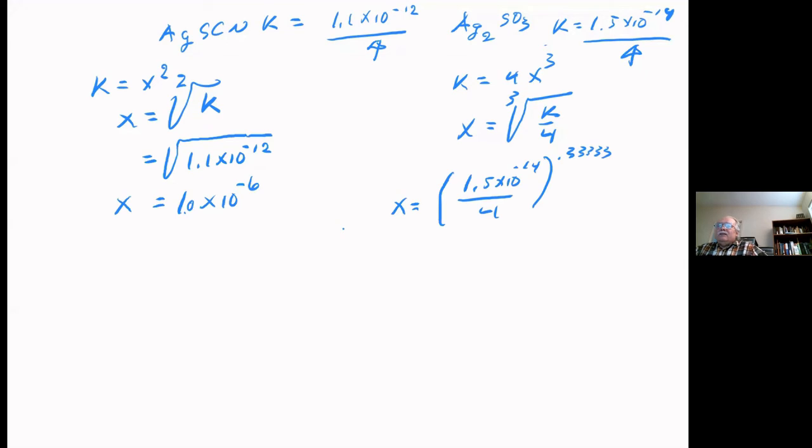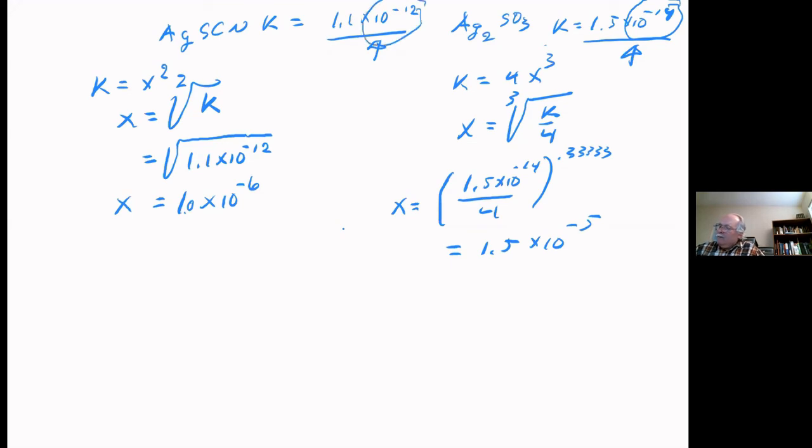So on my calculator, I'll go 1.5 E to the minus 14, capital E if it's that kind of calculator, divide by 4, hit the equal sign, then hit the power sign, and then go 0.3333 equals, and I get 1.5 times 10 to the minus 5.